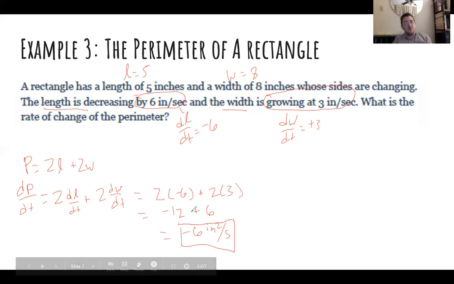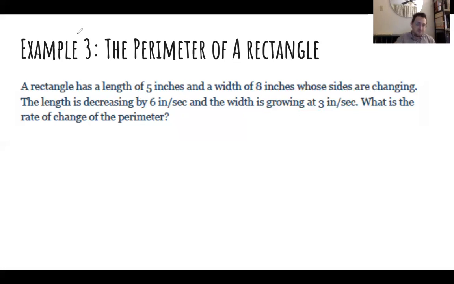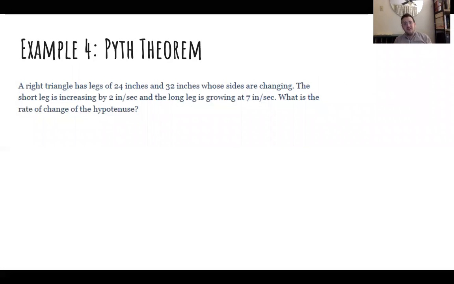All right, the last problem that I want to do is a Pythagorean theorem problem. That is a related rates problem, so I want to make sure we got that under the belt. These are some of my favorites, just because I like trig a lot.